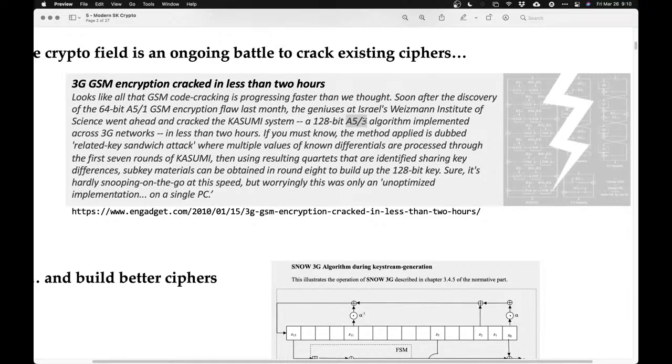It was released. And within a few hours of it being released and announced as one of the official ciphers for 3G communications, wireless communications, within a few hours of that, it was broken. And scientists released a crack on how to defeat that cipher, all right?